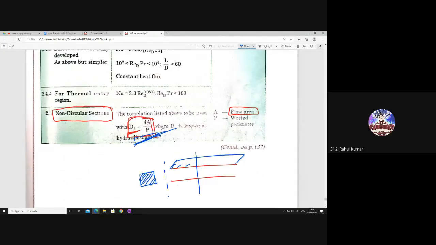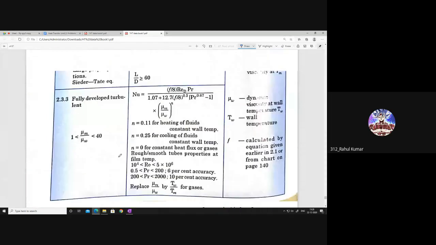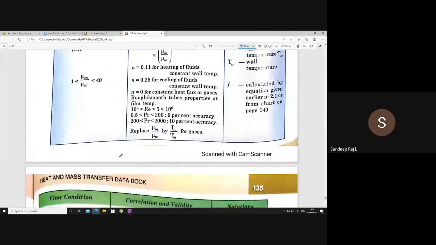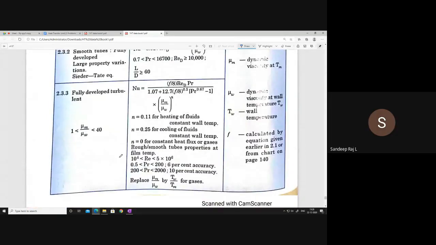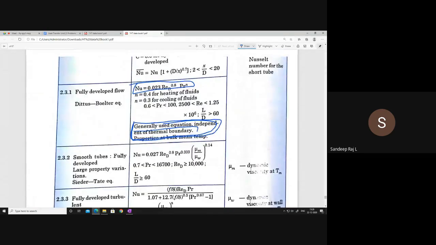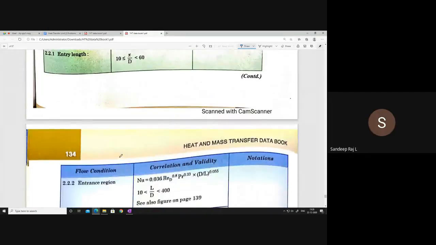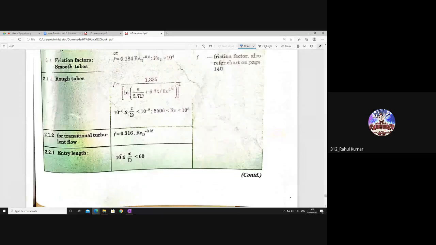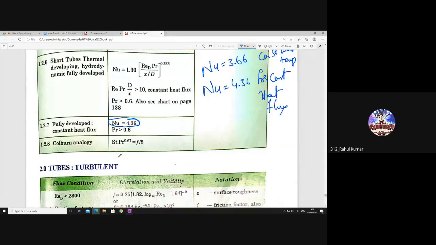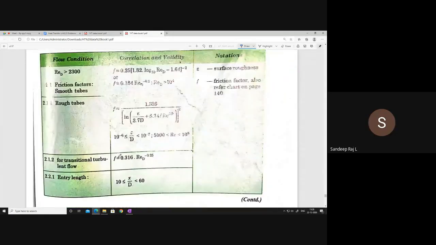I mean, in the data book, there is mu L by nu. Sorry, sir, where? In page number 120, sir. Why did you go there? That is an external flow thing. Oh, no, sir. Dimensionless constants, page number 120. Correct.